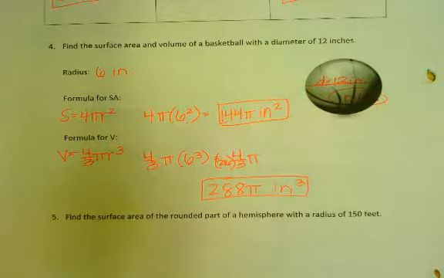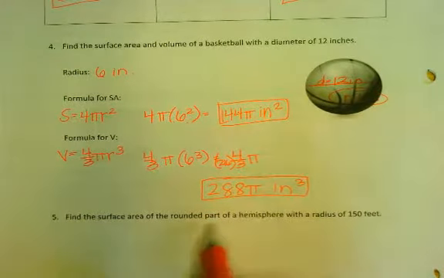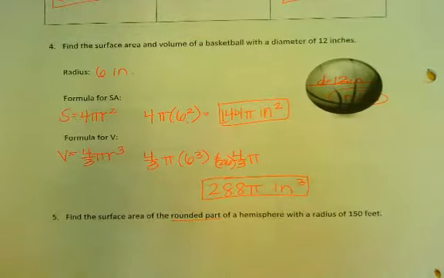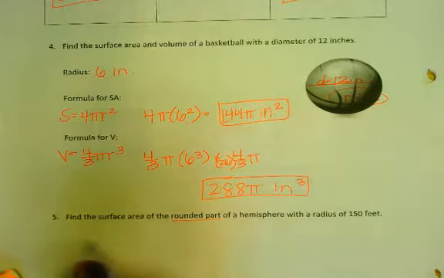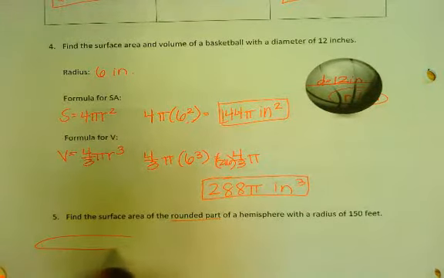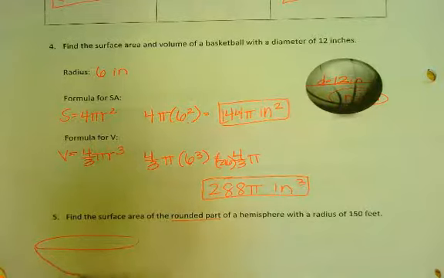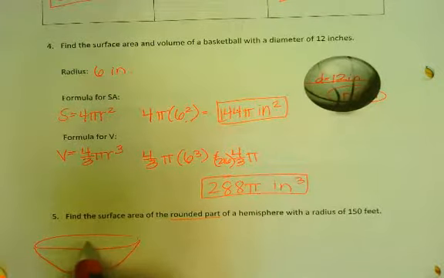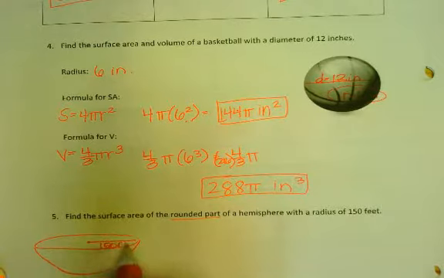Alright, find the surface area of the rounded part of a hemisphere with a radius of 150 feet. So let's draw our hemisphere. Okay, it has a radius of 150 feet. A hemisphere is half of a sphere.